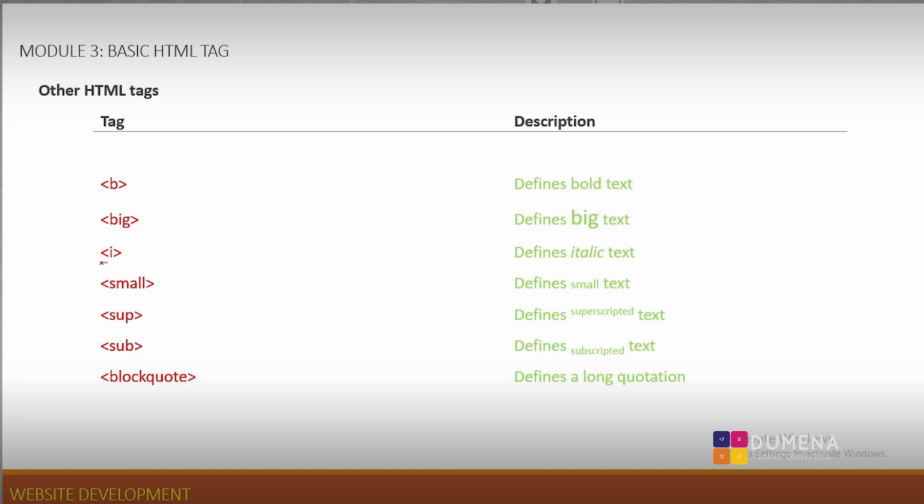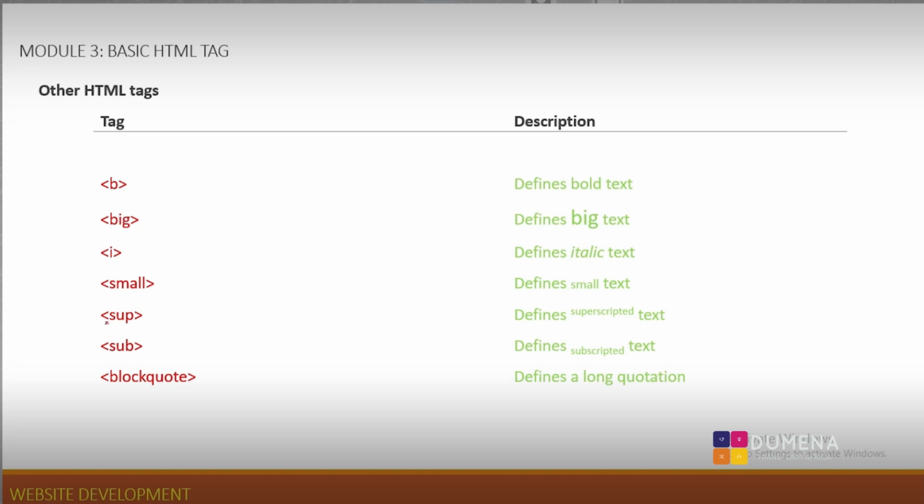We have the italic tag, which makes your text appear in italic form. We have the small tag. This makes your text small.